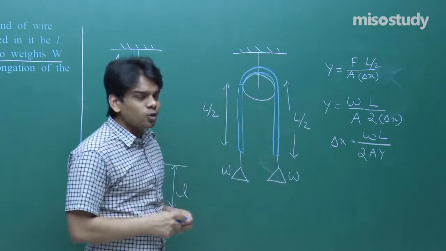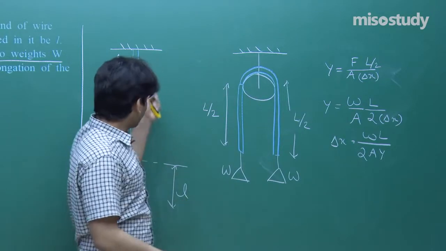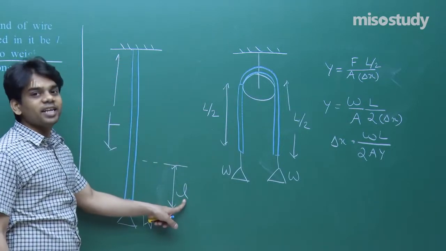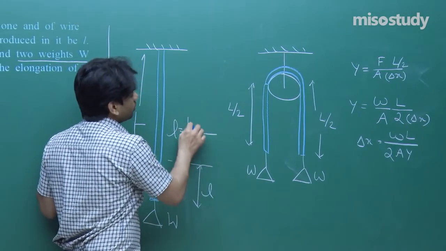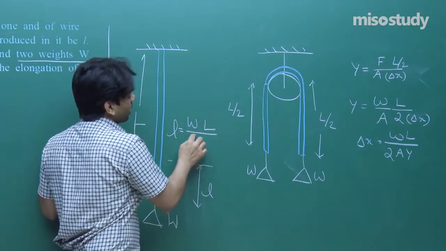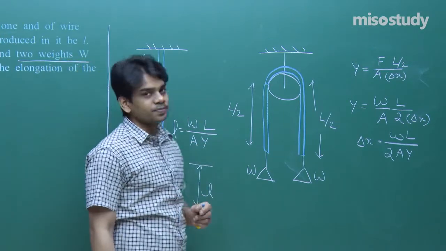Now W L by 2 A Y, this is the extension in one part of the wire. From the extension L that we evaluated earlier, L will be equal to W L by A Y. This is the extension produced in the first case.